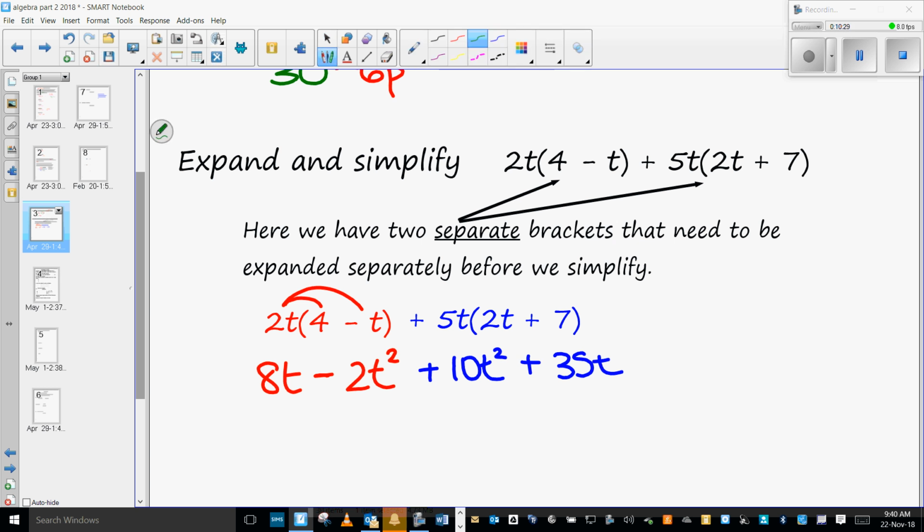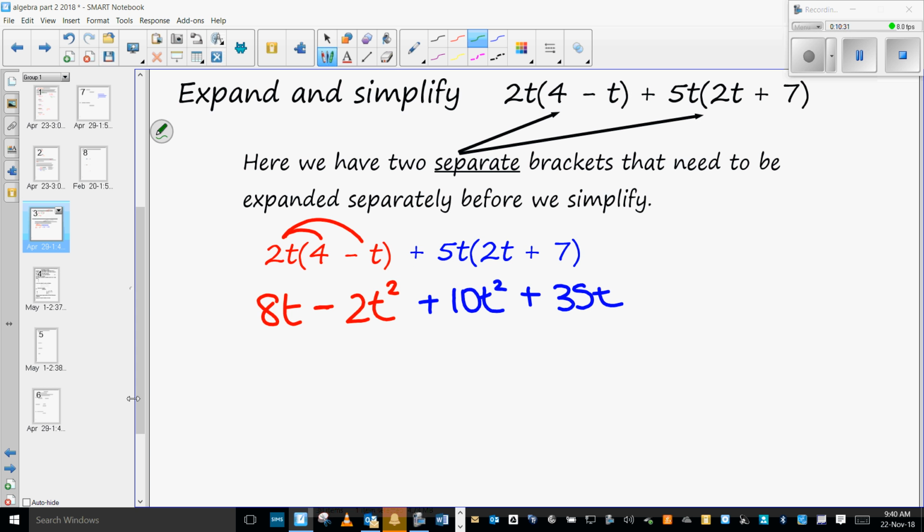And now we're going to have to join our like terms. So I can see that I've got an 8t here and a plus 35t. So what's 8t plus 35t? 35t squared. Be careful, we're adding them, Sarah. So we've got 8t, 43t.